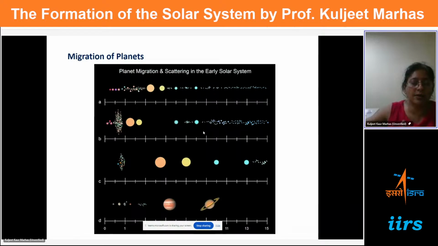The outer material has a torque, and the inner material has a torque. The outer material torque is lesser than the inner material. So Jupiter and Saturn start moving backwards. The migration goes inside towards the sun till 1.5 AU, then goes back to the original position where Jupiter is today, around 5.2 AU.